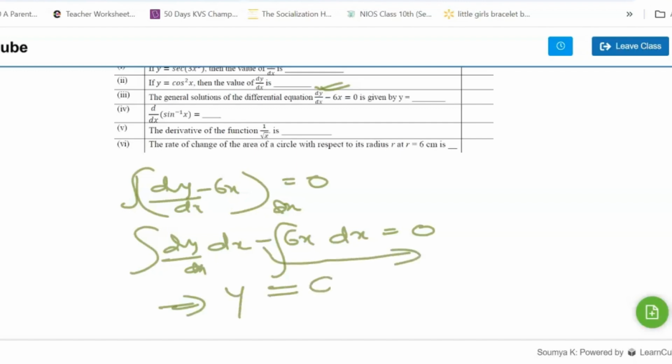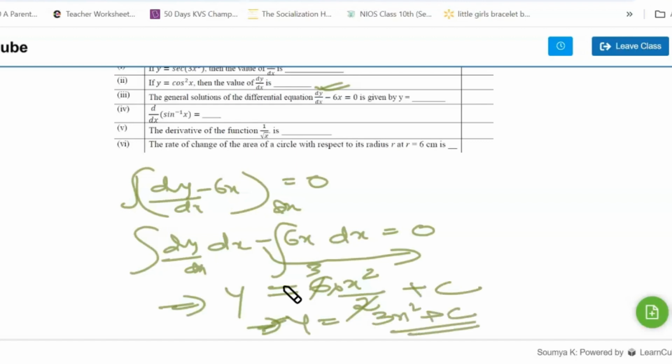In that case, it will be 6 of x square by 2. Now 2 3s are, and a constant. So y is equal to 3x square plus c will be the original function.